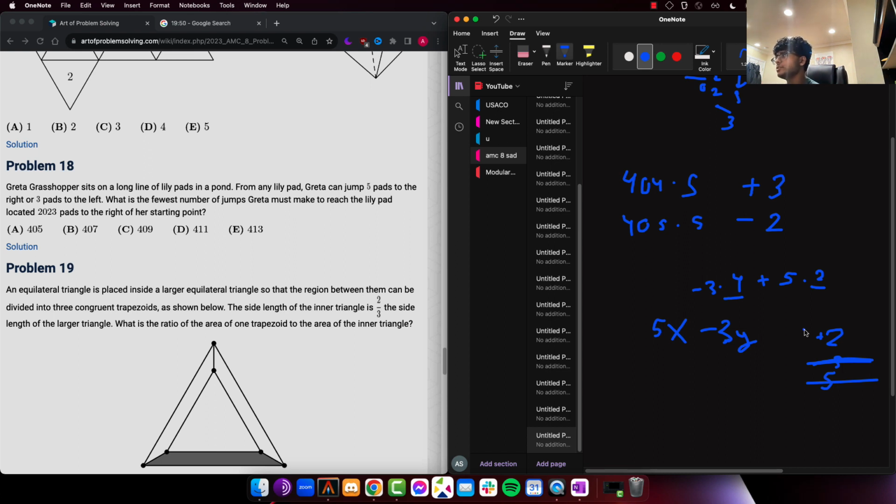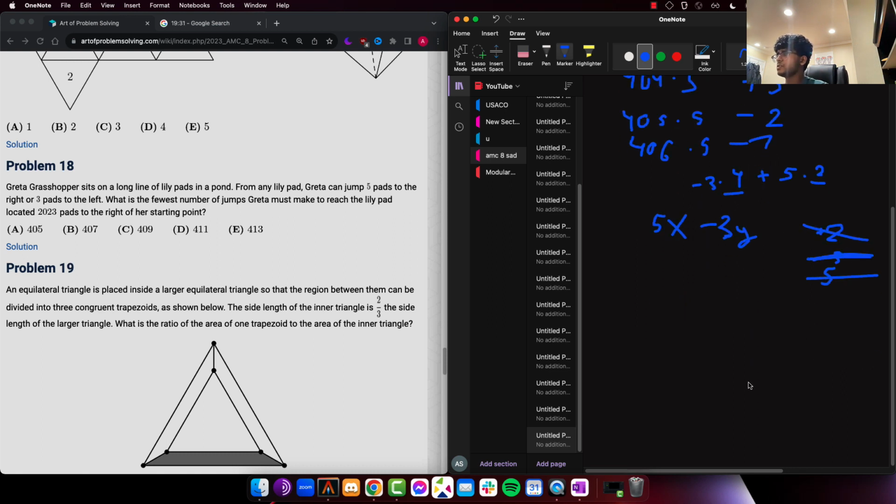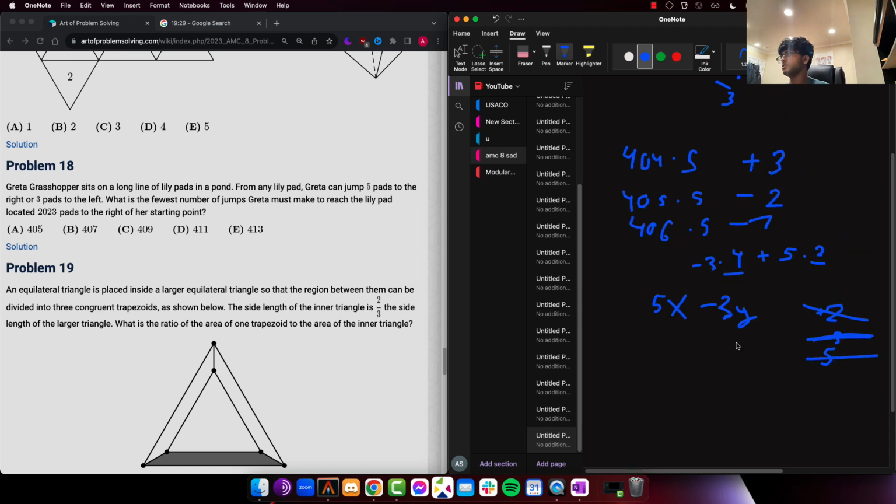This is the best that we can do. We can only do 3 and -2 because after this, we have like 406 times 5 minus 7, and getting -7 out of this. Wait, if you want a -7 out of this, right? You can get that actually.